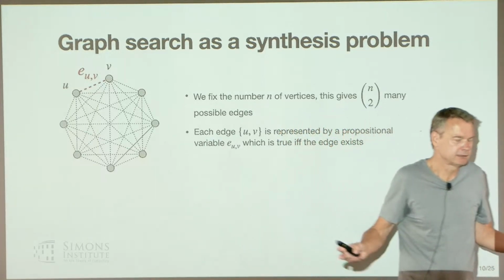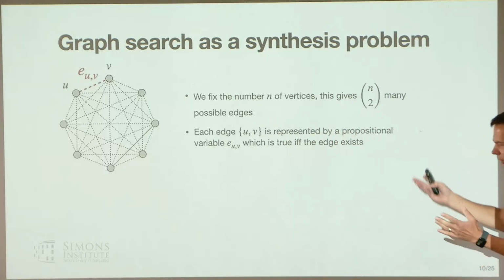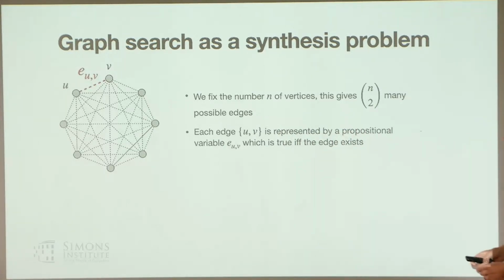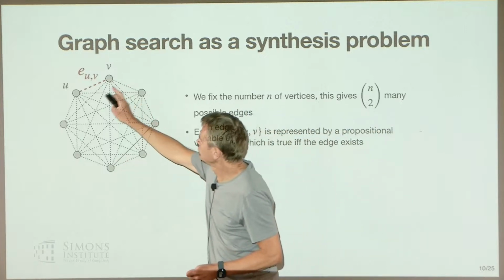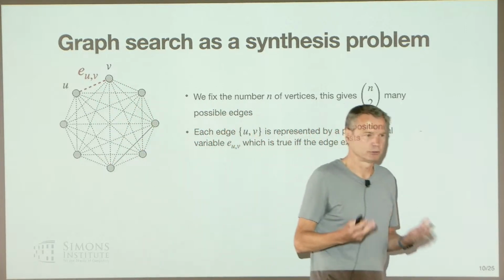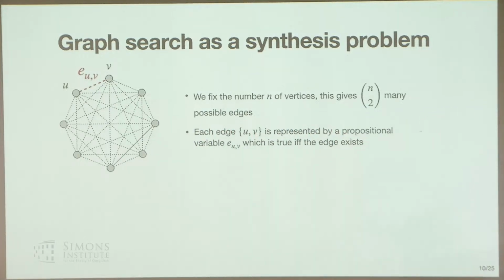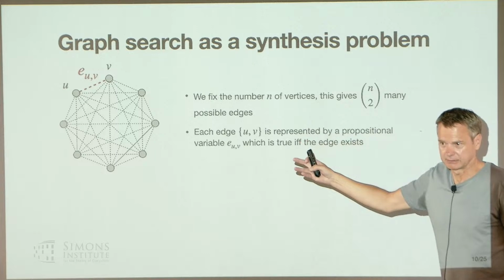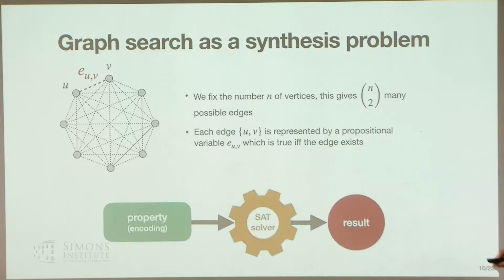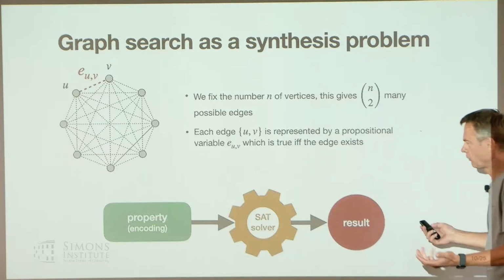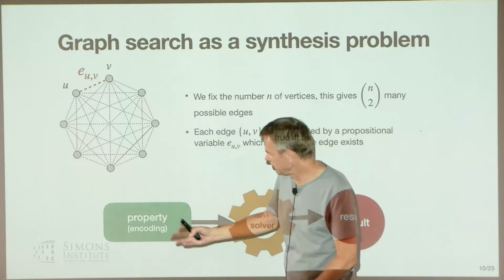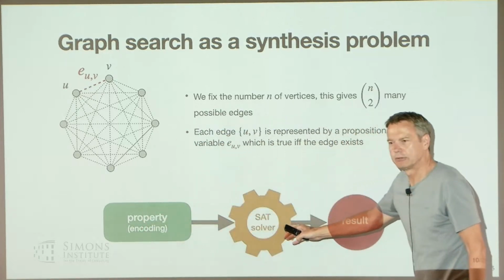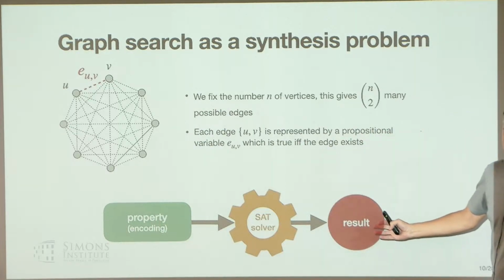We can also do it in a propositional setting: when we fix the number n of vertices, for each edge we introduce a propositional variable, which can be true or false, and which says whether this edge exists in the graph. Now, a very natural thing would be to write down a propositional encoding of your properties, send this to a SAT solver, and wait for the result.